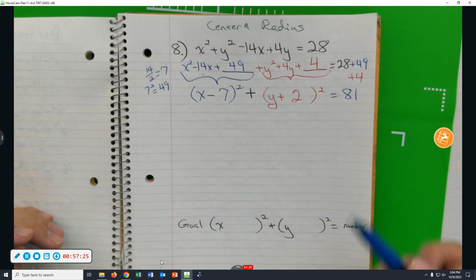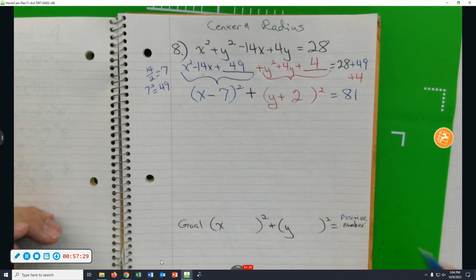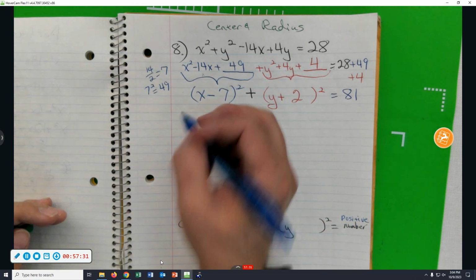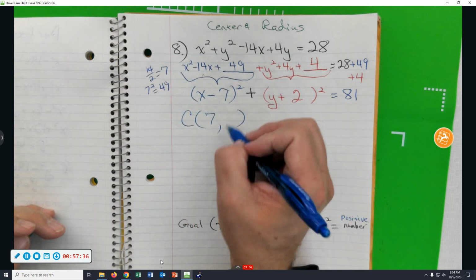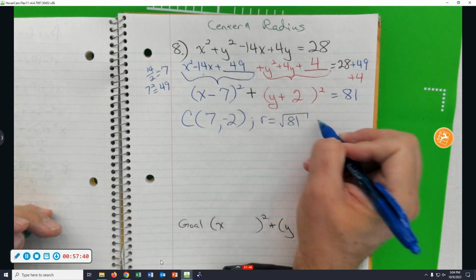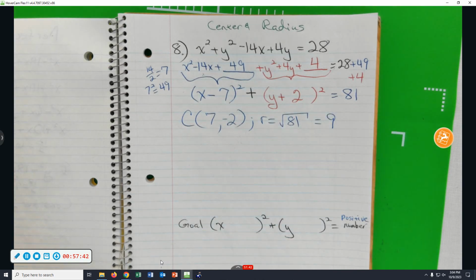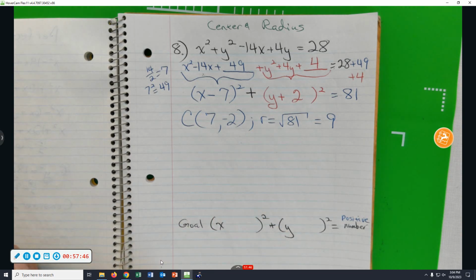So our goal is to have a positive number. If it's a circle, you're going to have a positive number. But what was the center? 7, negative 2. And the radius? And that's all we need in order to draw the graph.